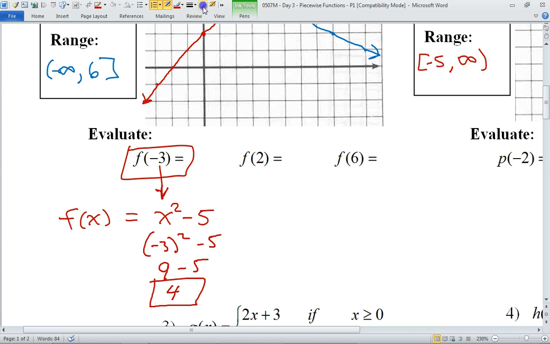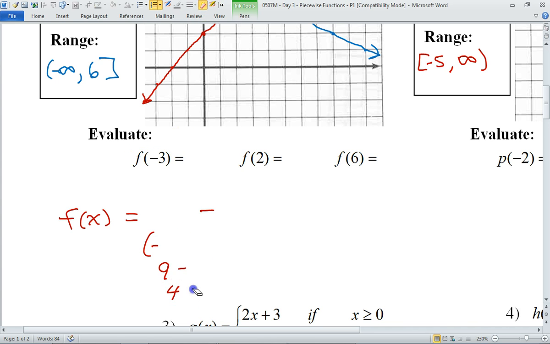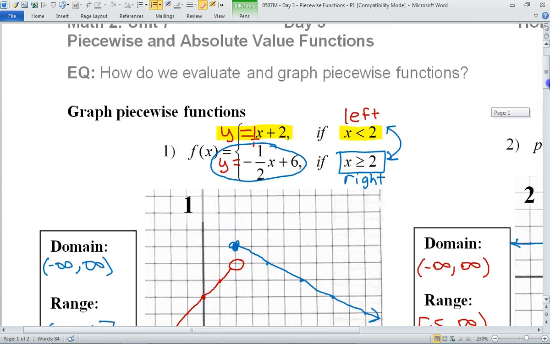But when you have a piecewise function, it's a little bit more complicated because we have two different functions. We have the x plus 2 function, and we have the -1/2 x plus 6 function. Hear me closely on this. Do not use both functions. You will only use one when you're evaluating.